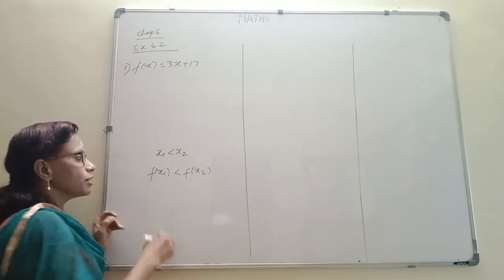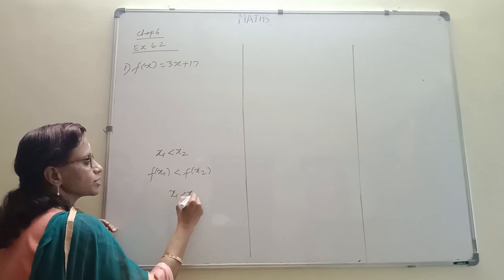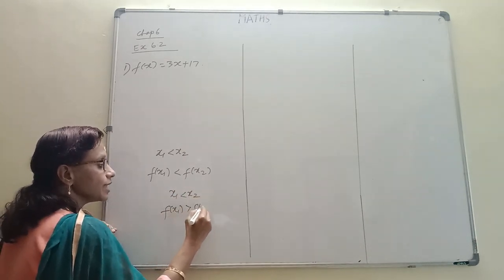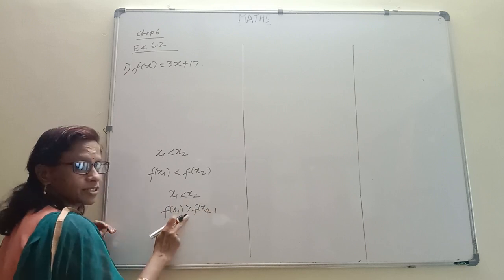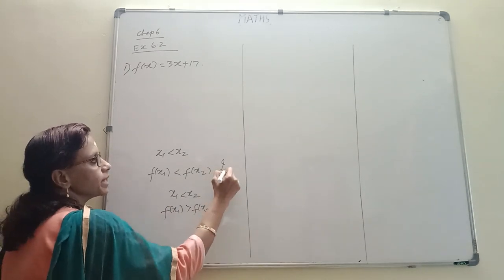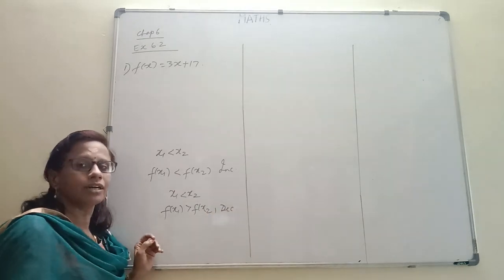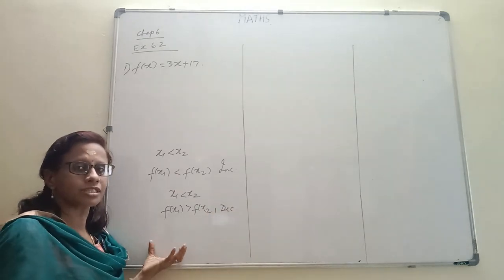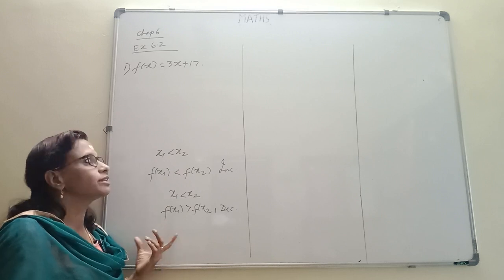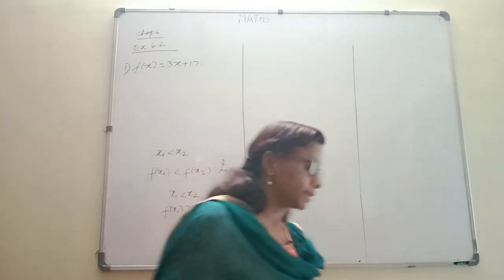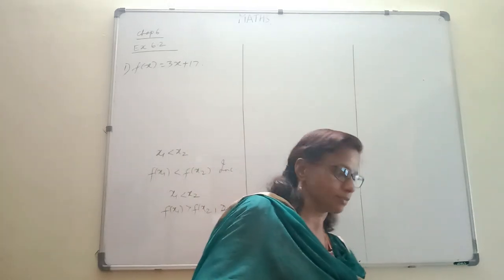On the contrary, if you start with x1 less than x2 and you are able to show that f of x1 is greater than f of x2, the inequality is reversing, and then it will be a decreasing function. So this is method 1, and this problem we'll just do by method 1 so that we get an idea of how to use this method. So let's right away start with this.